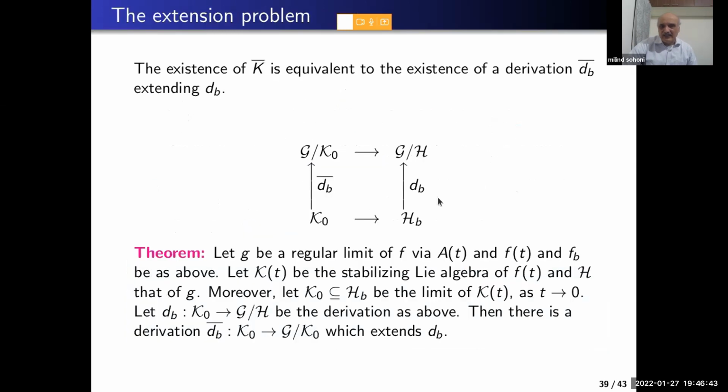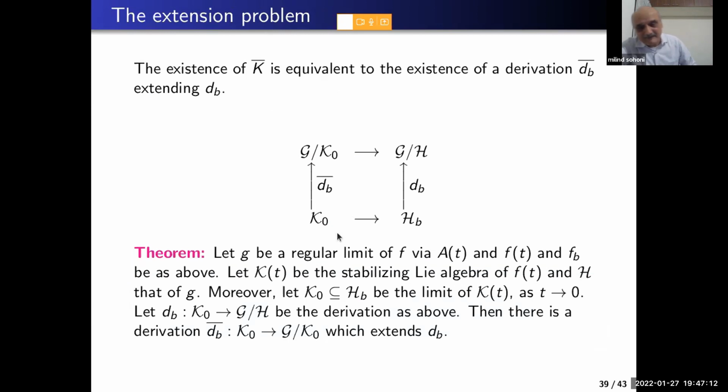So it turns out that this is really an extension of derivations of Lie algebras, and if this extension is coming from a family Kt going into k0, then there is such an extension. So if indeed Kt is coming into k0, then this extension problem is true.